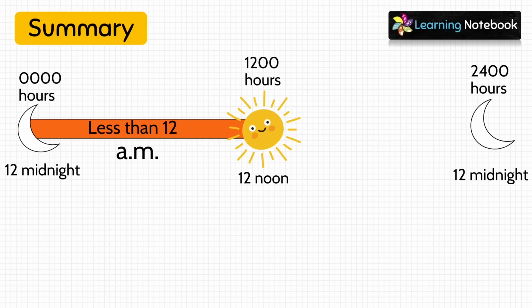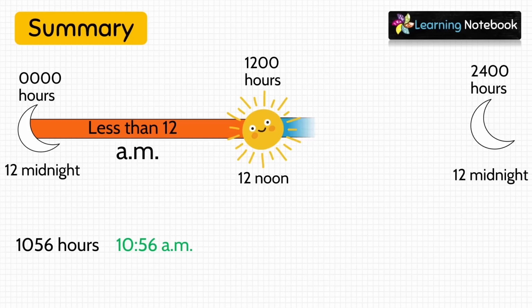For example, if time is 1056 hours, then this time will be 10:56 AM in 12-hour clock.